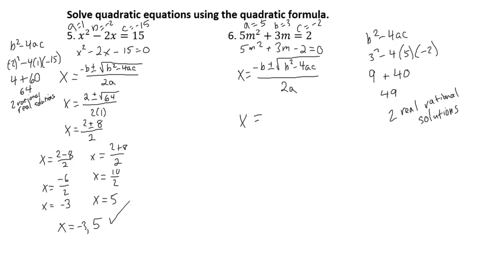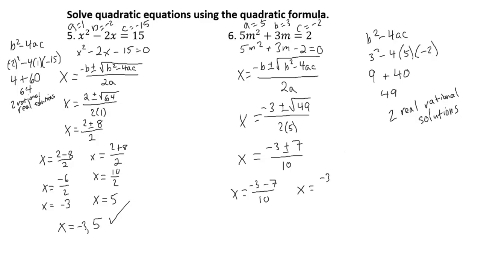Plug in, and we get the opposite of 3, plus or minus square root of 49 all over 2 times 5. That's negative 3 plus or minus 7 over 10, which will split into 2: x equals negative 3 minus 7 over 10, and x equals negative 3 plus 7 over 10.